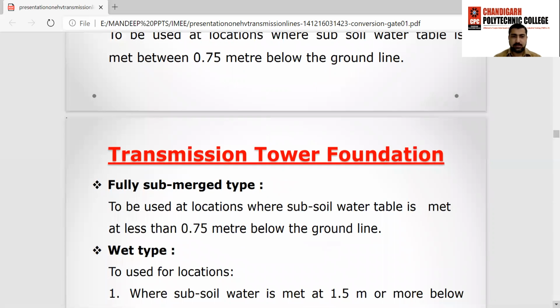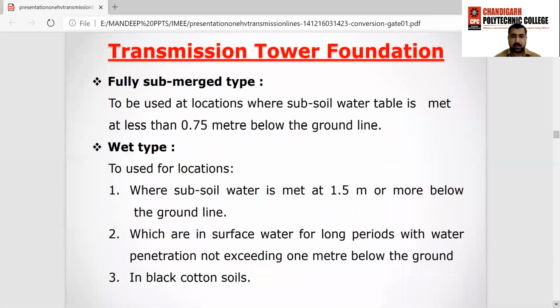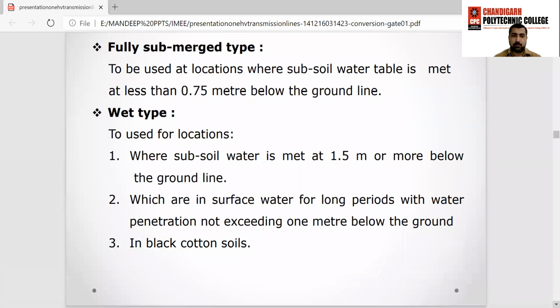The third type is the fully submerged type. It is to be used at locations where the subsoil water table is met at less than 0.75 meter below the ground line. And the next one is the wet type.